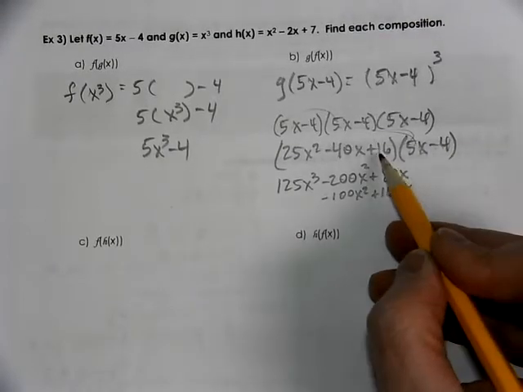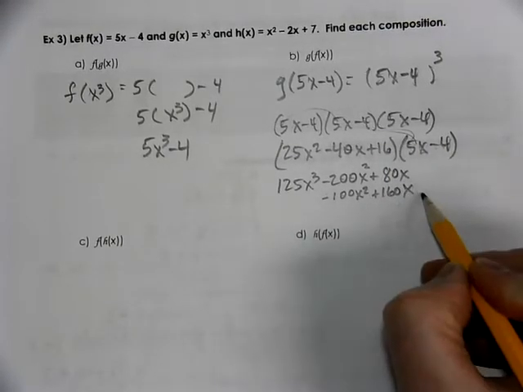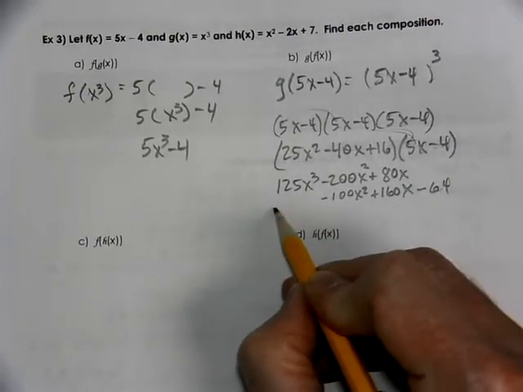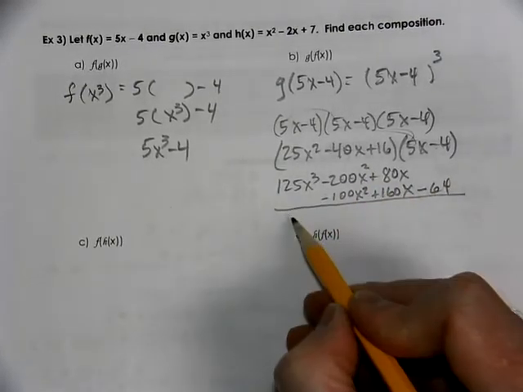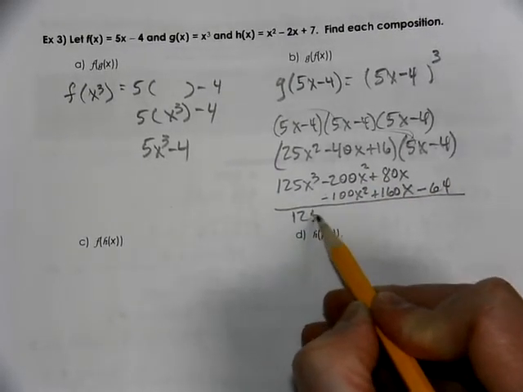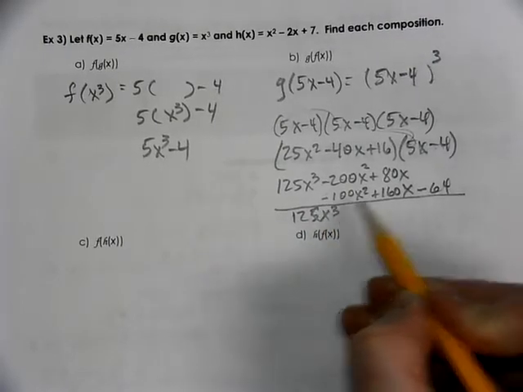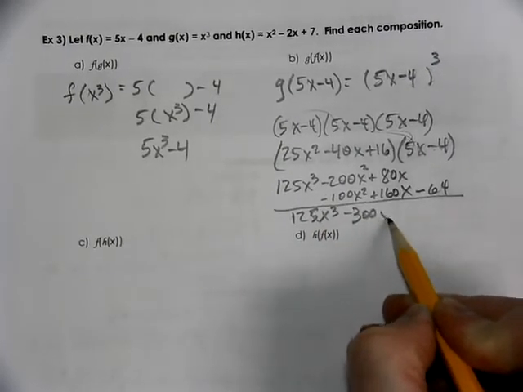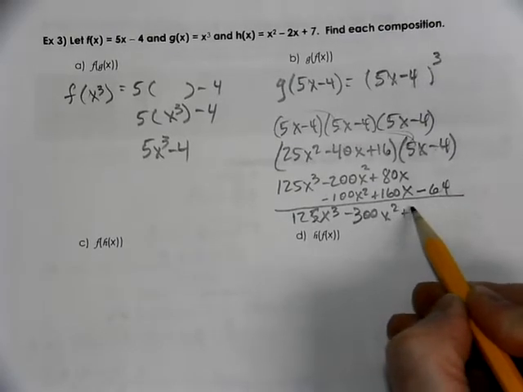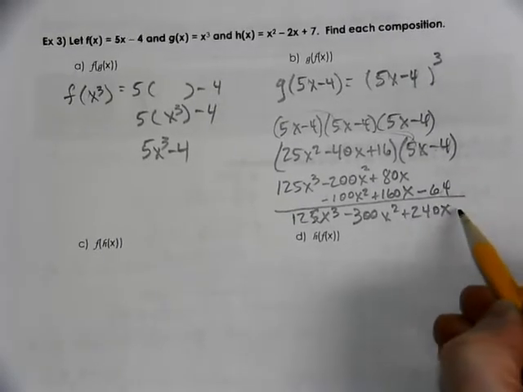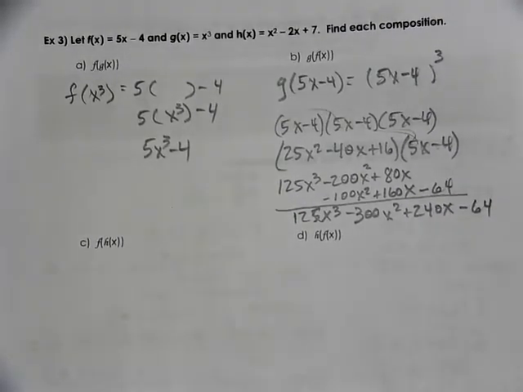And negative 4 times 16 would give you a negative 64. So if you group those together, it looks like we get 125x cubed minus 300x squared plus 240x minus 64.